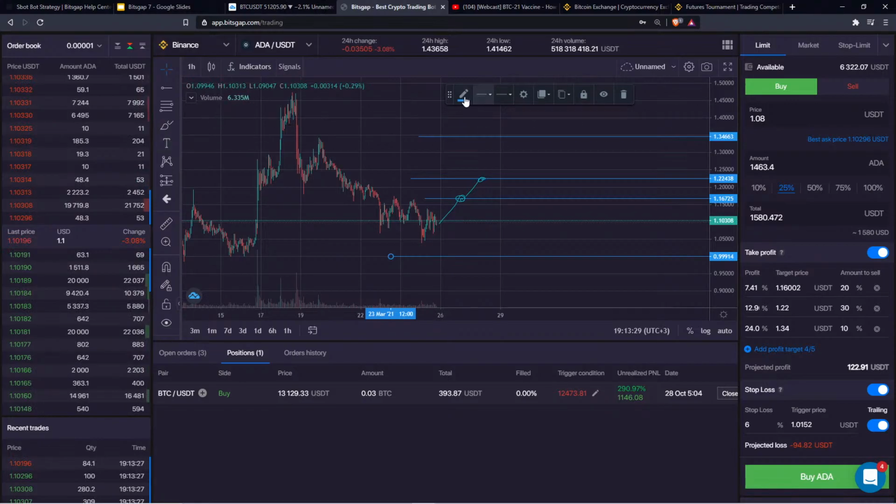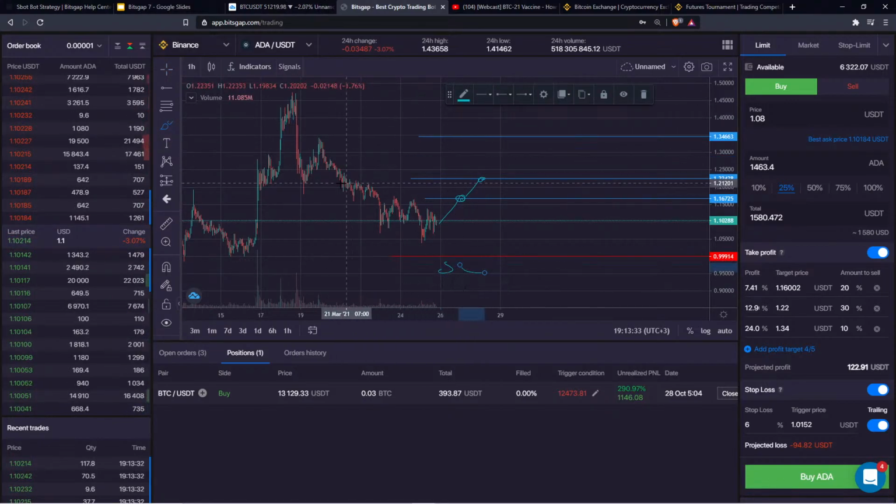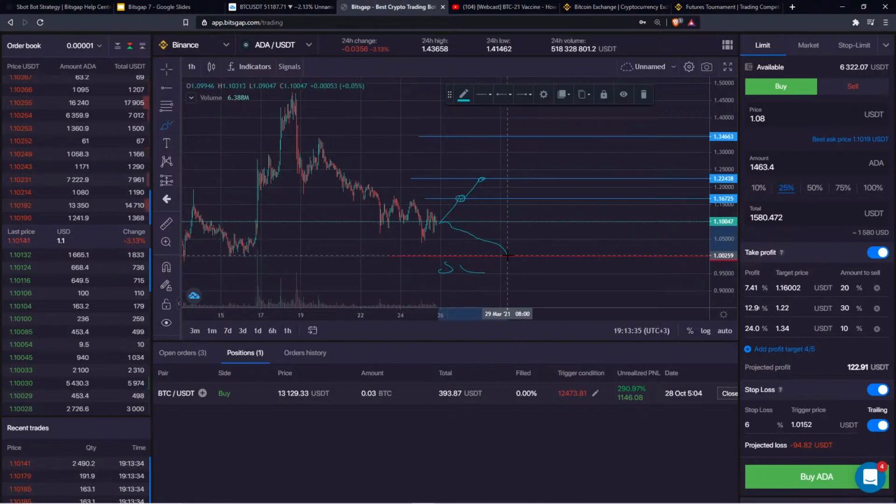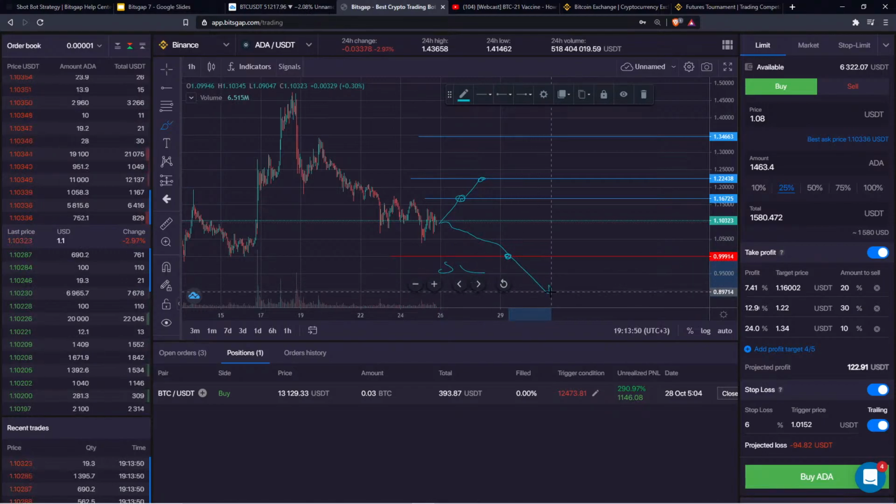So even if the price, let's make it red here, and this one is stop loss. If the price falls to your stop loss area, this will trigger it and it will sell the entire position. So you will get rid of Bitcoins in this case. Because without the stop loss, imagine the price falls even further. In this case, your loss would be higher.